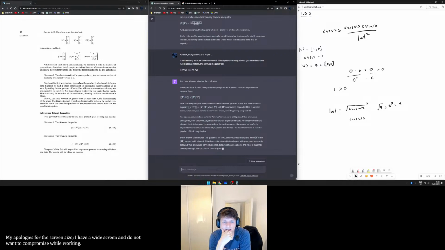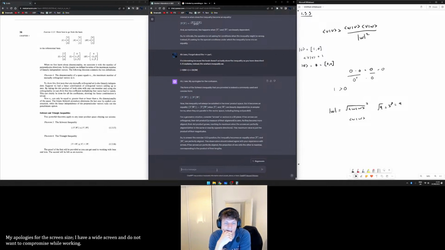For a geometric intuition, consider arrows or vectors in a 2D plane. If two arrows are orthogonal, their dot product is 0. As they become more aligned, their dot product grows, reaching its maximum when the arrows are perfectly aligned, either in the same or exactly opposite directions. This maximum value is just a product of their magnitudes.